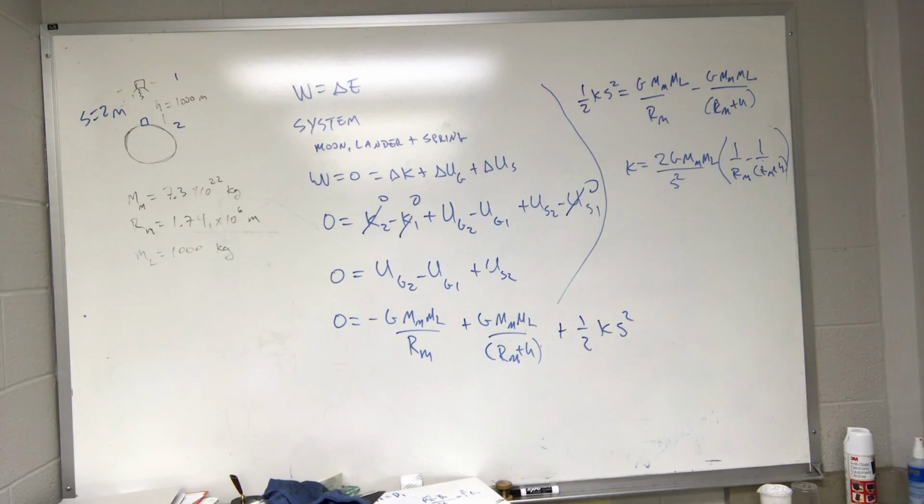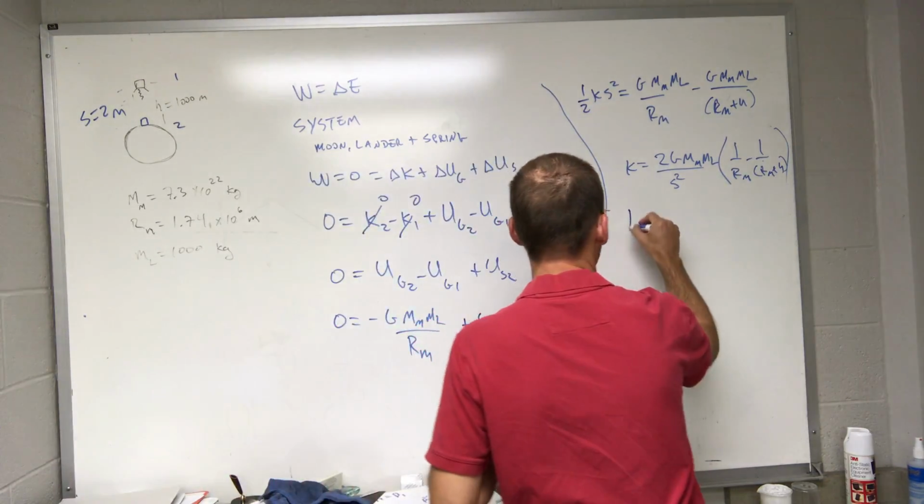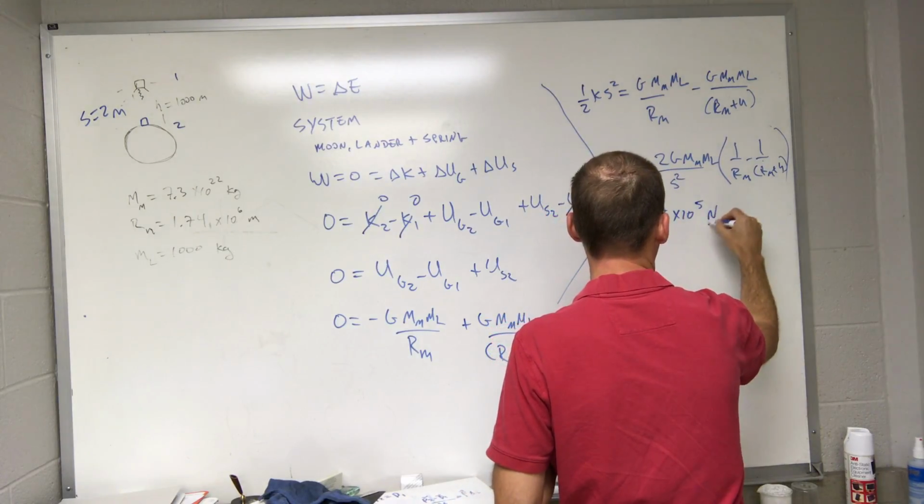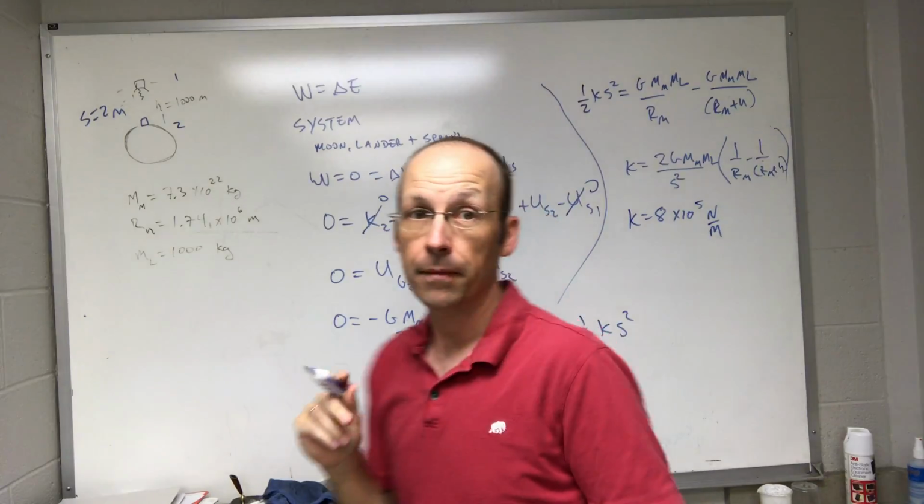Print k. Okay, let's see if I did this right. I get a value of 8 times 10 to the 5th Newtons per meter. Okay, so that's a serious spring.